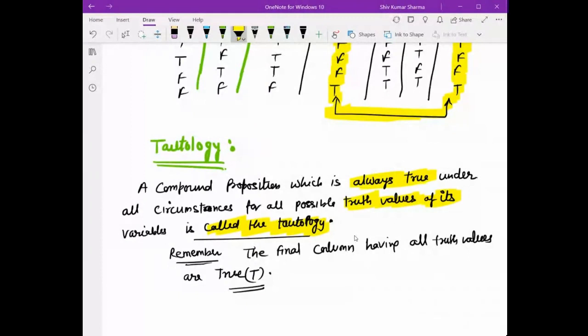You remember this, always true. So it is called a tautology.